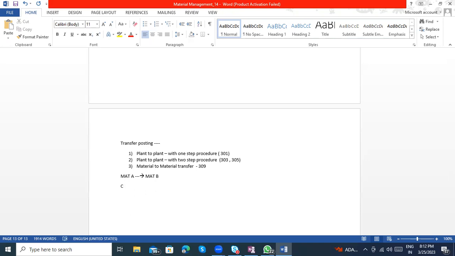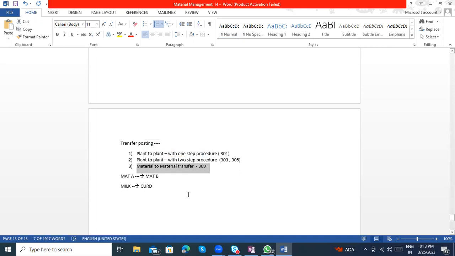Suppose I have milk. Because of environment changes and chemical reactions, it will be converted to curd. So milk is material number A, that is converted to curd, material B. Due to chemical reactions and environmental change, the liquid is converted to a solid, and that is converted to a different material number. In that case, I can use the material to material transfer.